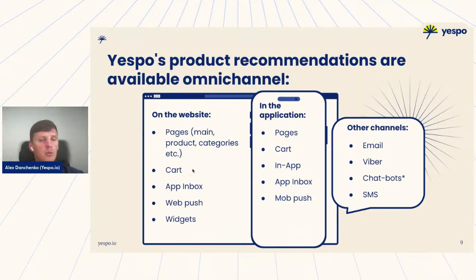There are also additional direct channels that could be used by your marketing team on your website, like app inbox notification, browser push notification, or a widget, pop-up or overlay within your website, which can also be populated with product recommendations for this visitor.